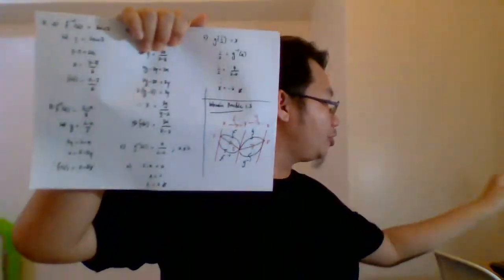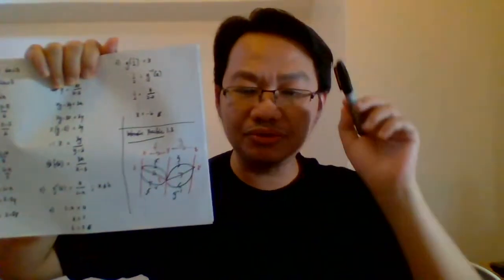So the answer for F equals to 2. Correct. Good, guys. Congratulations guys. That means you really understand all about basic inverse function. Not only can you simplify equations, but you can also read from the diagram. Okay, congratulations. That is question number 1.